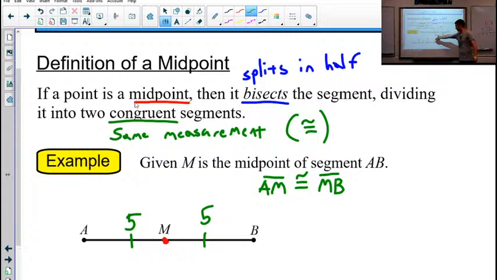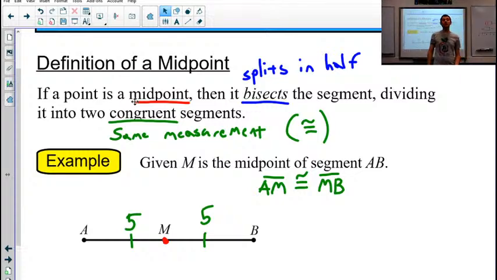And of course, the whole thing is going to be 5 and 5 is 10. That's what we talked about earlier this week. So that's the idea of the segment. We're not just splitting the segment up somewhere in between. We're splitting it exactly down the middle, and the two pieces are going to be equal.